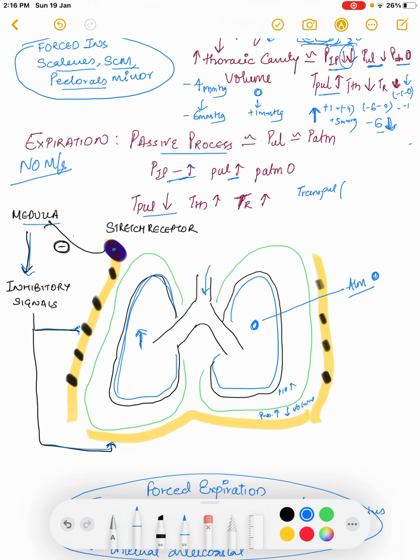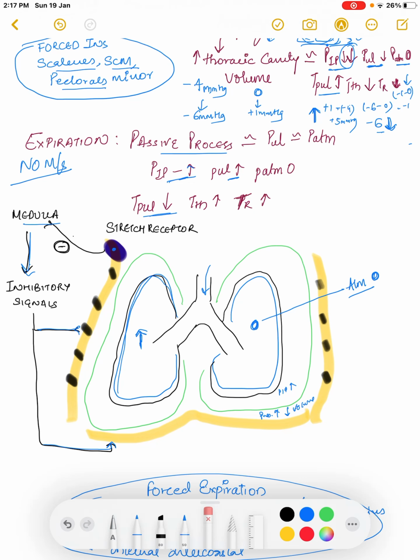Now the intrapleural pressure increases. It was -6 at the time of active inspiration. Now it increases, meaning it goes to around -4, now it is -3. Now the transpulmonary pressure decreases. So our inflating pressure decreases.